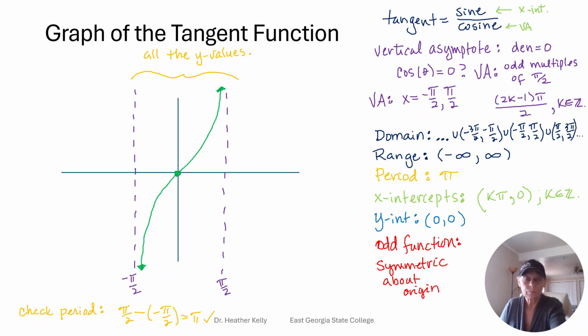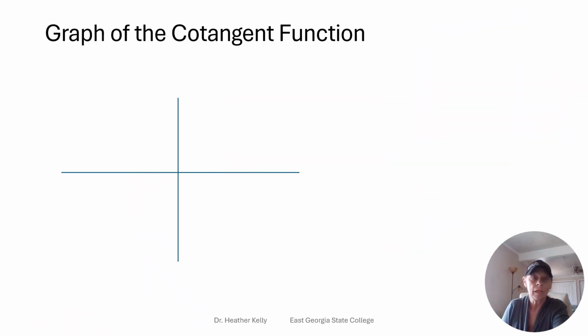Okay, and let me tell you, these asymptotes are going to become the key point on how to graph these kinds of functions. All of these 4 functions really depend heavily on understanding the asymptotes and how to manipulate them. Let's take a look at the cotangent function, and of course the cotangent function, cotan theta, is equal to cosine theta over the sine theta.